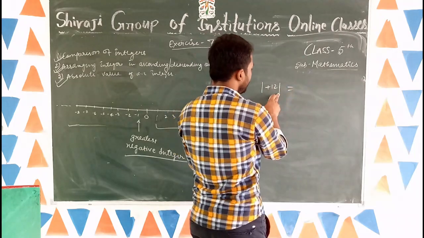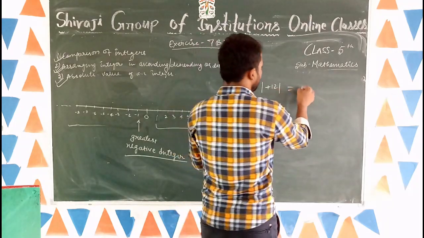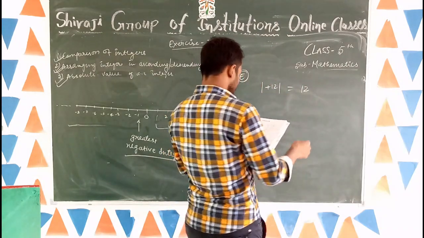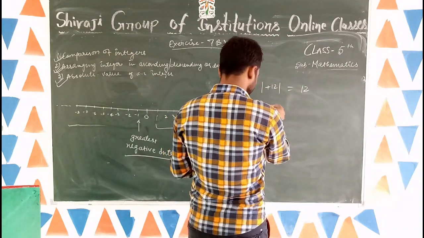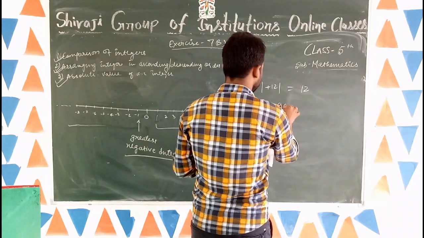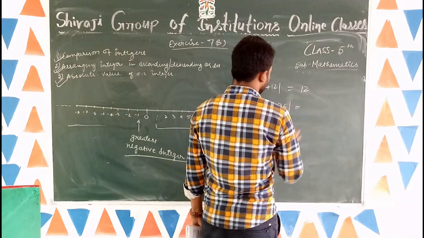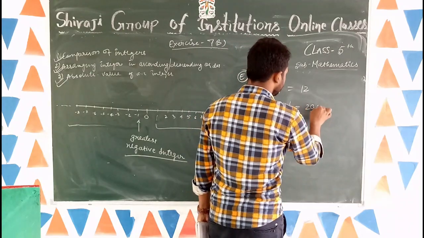So simply mod means absolute value, and the absolute value will be 12. And question number 10, -296, and it is written between mod, so its absolute value will be 296.